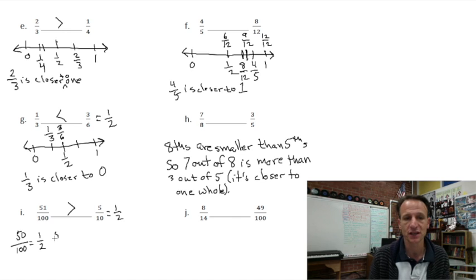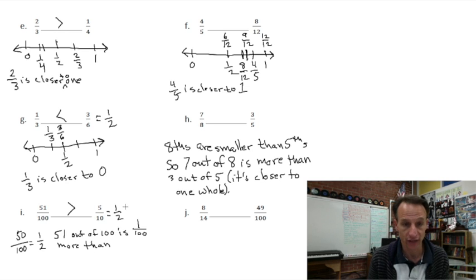And so here we'd say 51 out of 100 is, and we can be very precise here, 1/100th more than, in fact, this is equal to 50/100ths, right? If we want to put them both in hundredths, more than 50 out of 100.